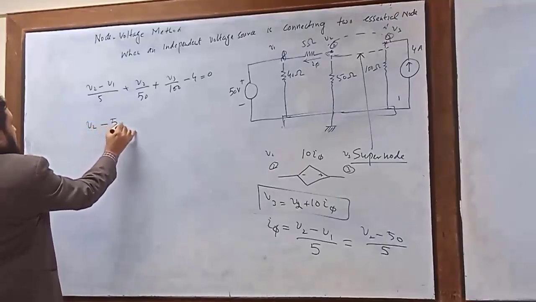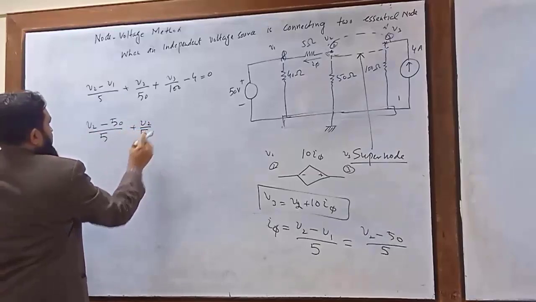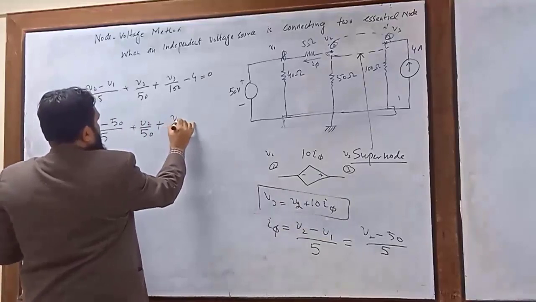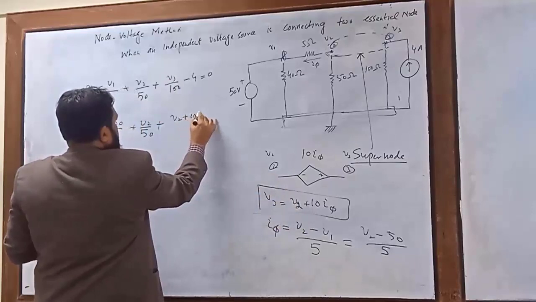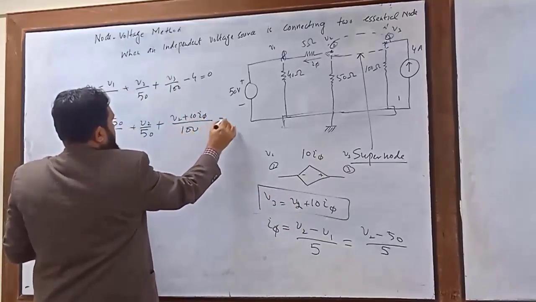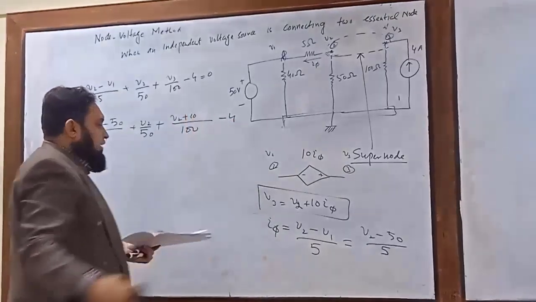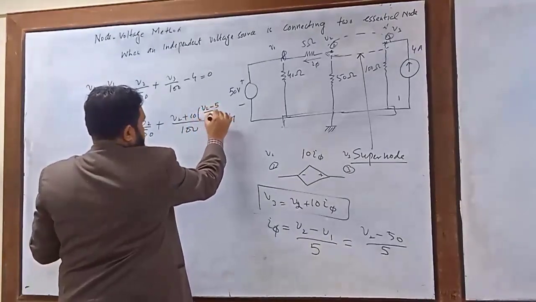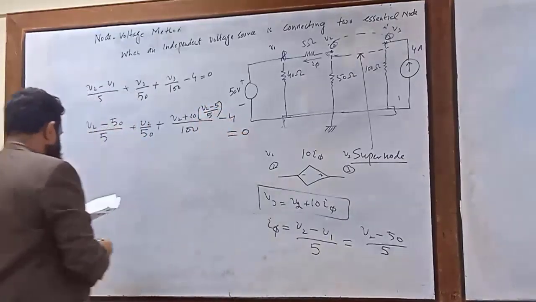(V2 minus 50) divided by 5 plus V2 divided by 50 plus V3, where V3 is equal to V2 plus 10I5, divided by 100, minus 4. And for I5 we have (V2 minus 50) divided by 5, okay, so equal to 0.